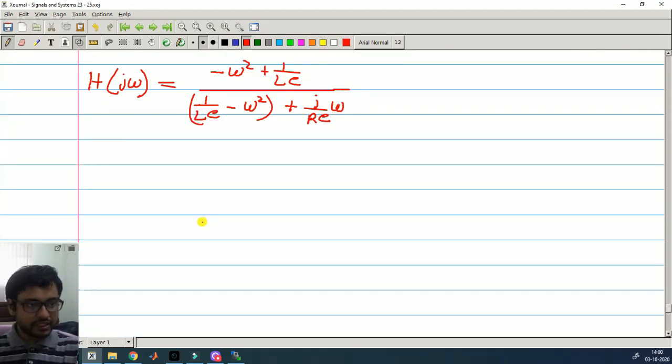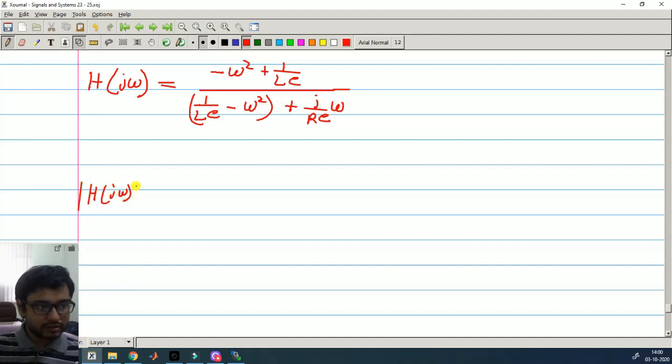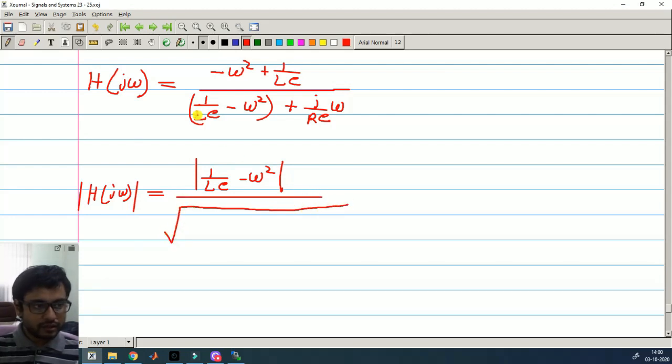Okay, from this you can get the magnitude. That will be the numerator as it is, magnitude of 1 by LC minus omega square, divided by root over this quantity 1 by LC minus omega square whole square plus this quantity omega by RC whole square.